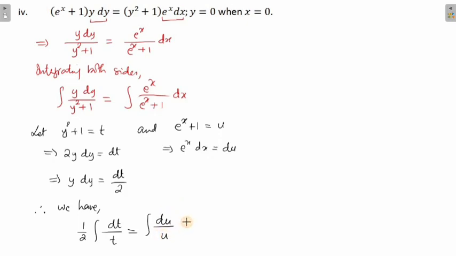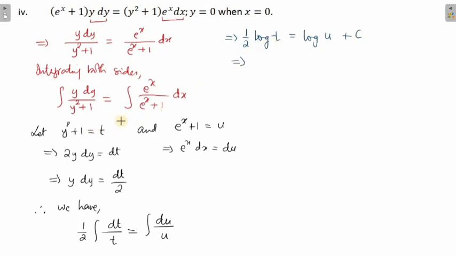So this is equal to half log t, equal to log u, plus a constant of integration.